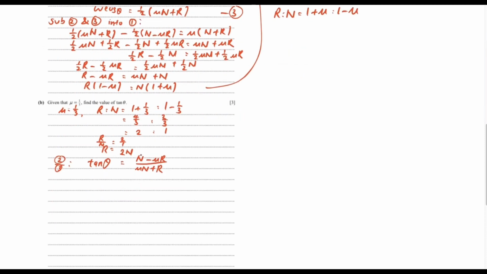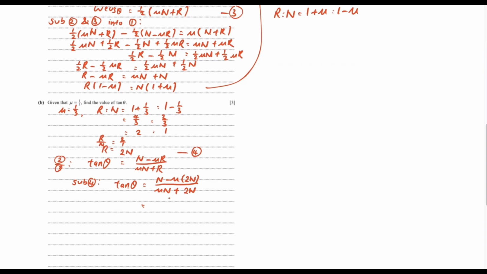And I know R equals 2n, so let's call this equation 4. So I'm going to substitute equation 4 into tangent theta. Whenever I see R, I replace it with 2n. So n minus mu 2n, over mu n plus 2n.